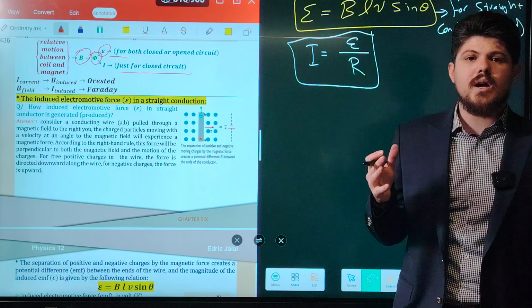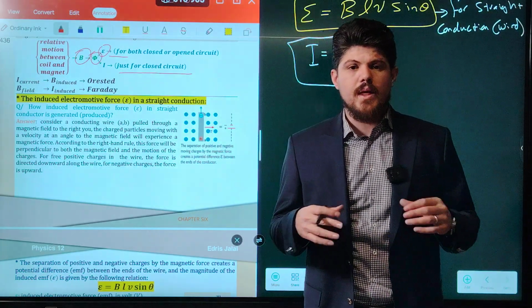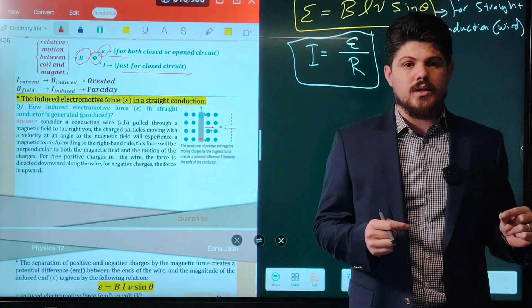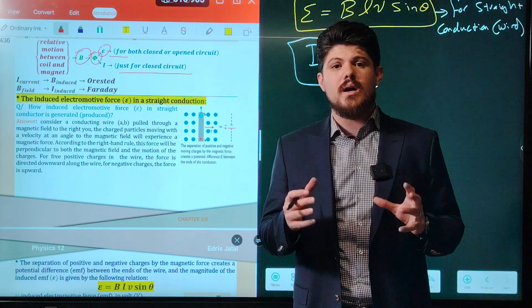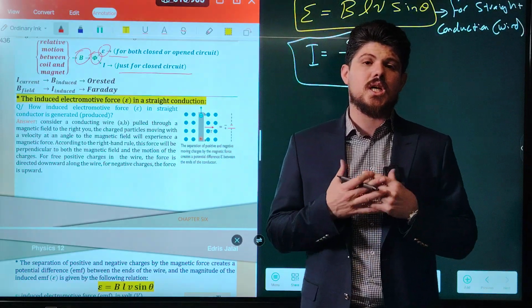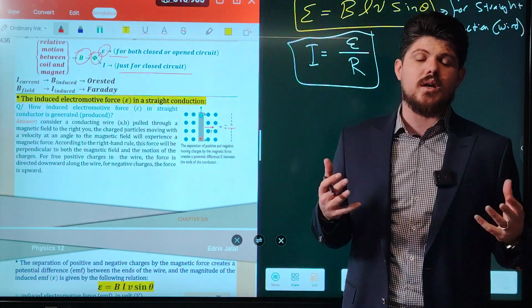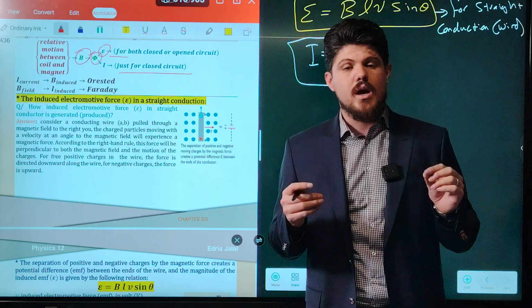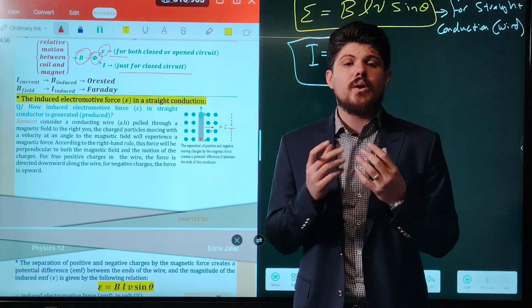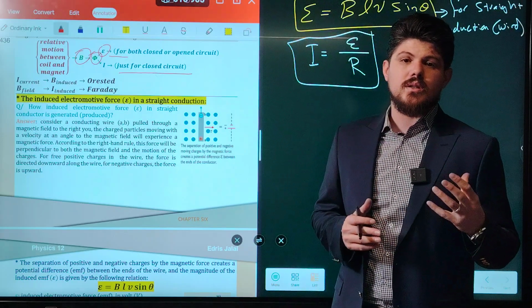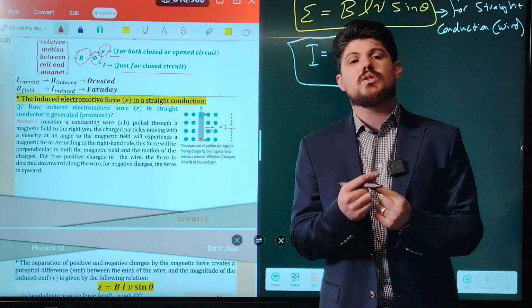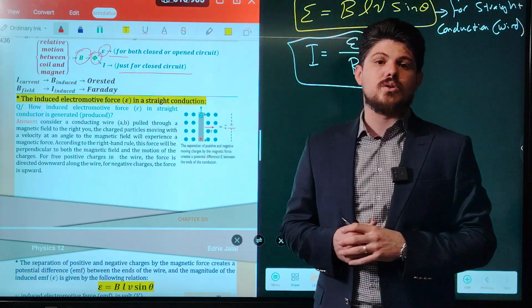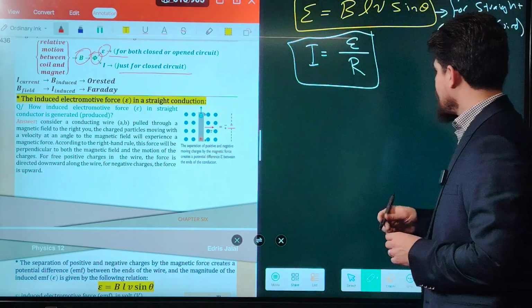If we have a conductor wire moving into the magnetic field, does the current and EMF get induced? Yes, of course. If the wire is open, only the potential difference is created. There will be no current. But if the wire is closed, the current is also induced and created in the loop.